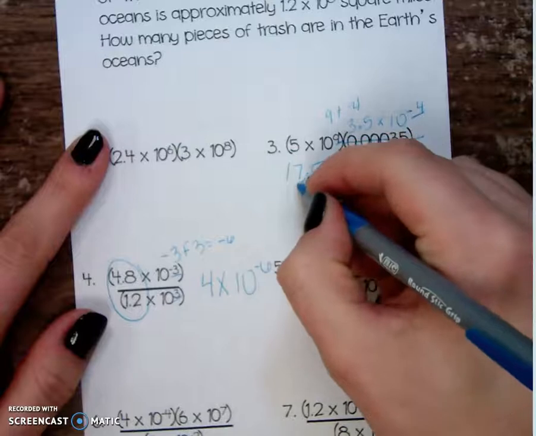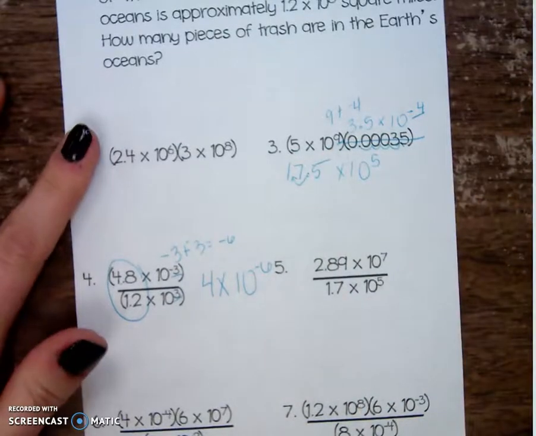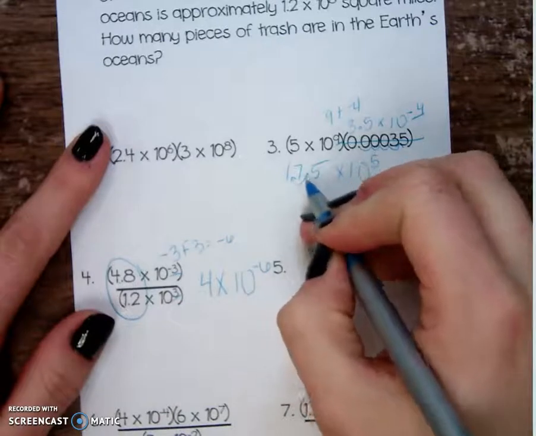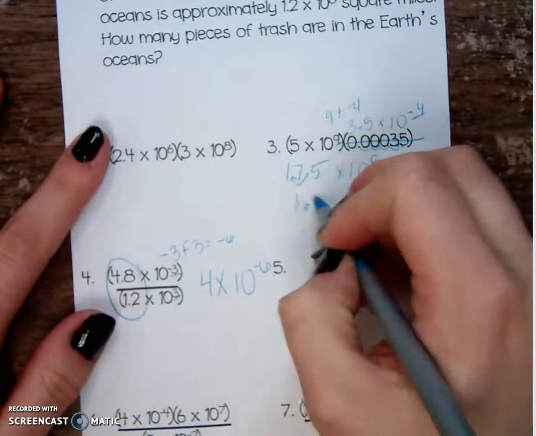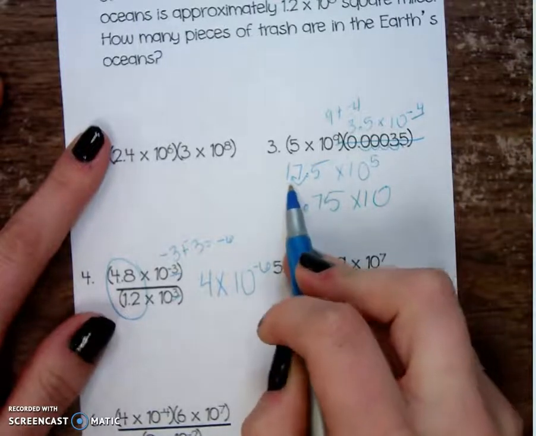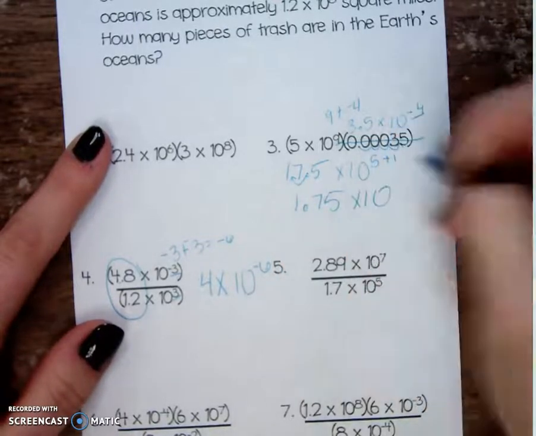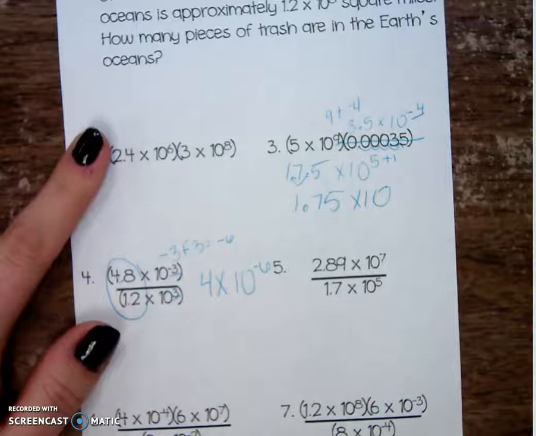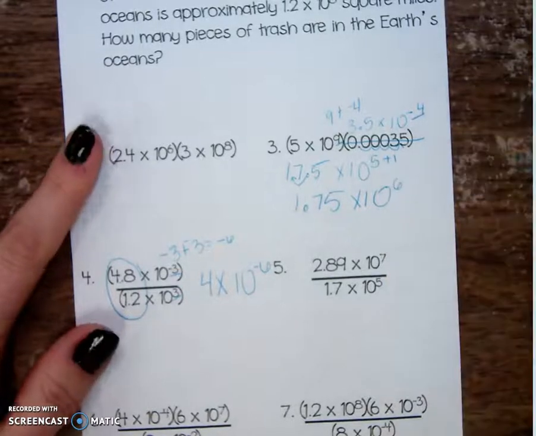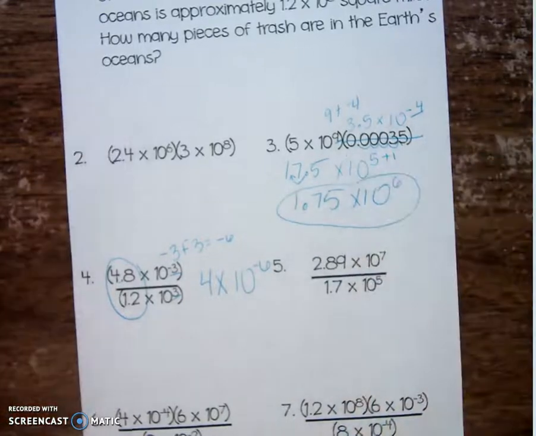So we're going to move to the left 1 space to make it 1.75 times 10. And when you move it to the left, you're going to add 1 to your exponent. So it becomes 10 to the 6th power. That's your final answer.